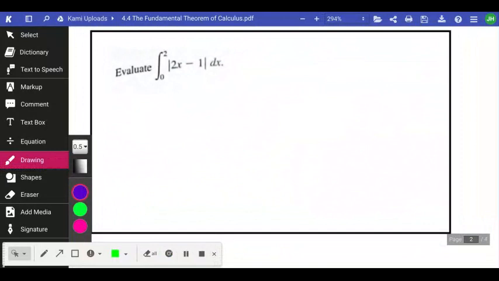So if we solve this here, I'll get x is equal to 1/2. And so that means to one side of the 1/2, something happens, and to the other side of 1/2, something happens. It's going to have that shape.